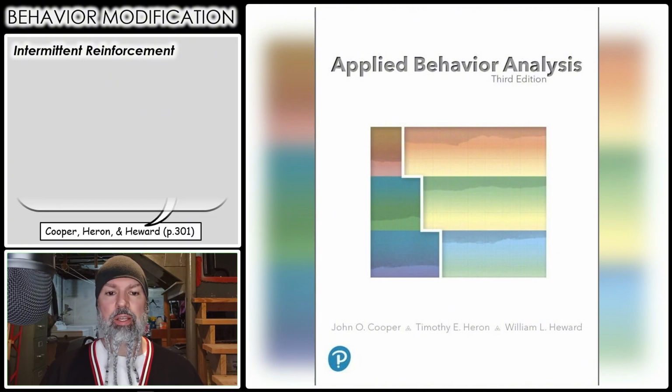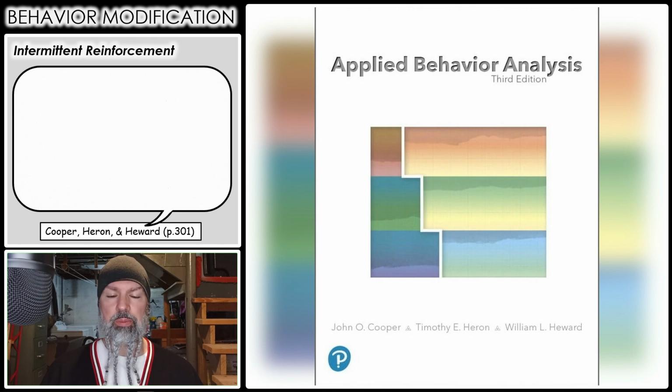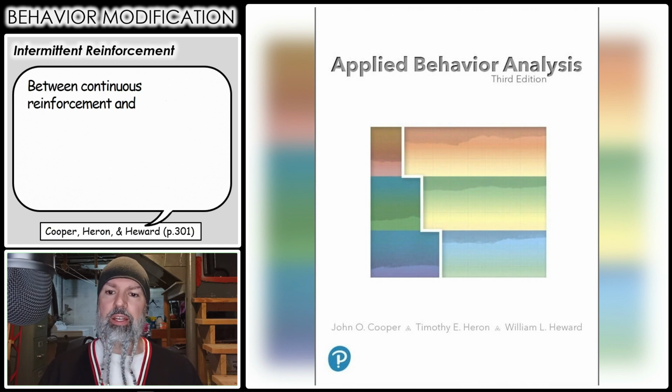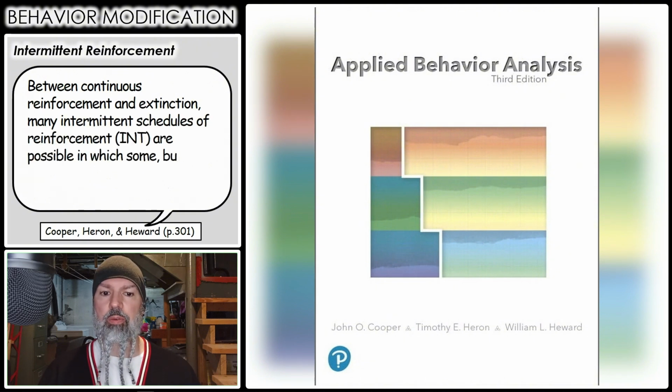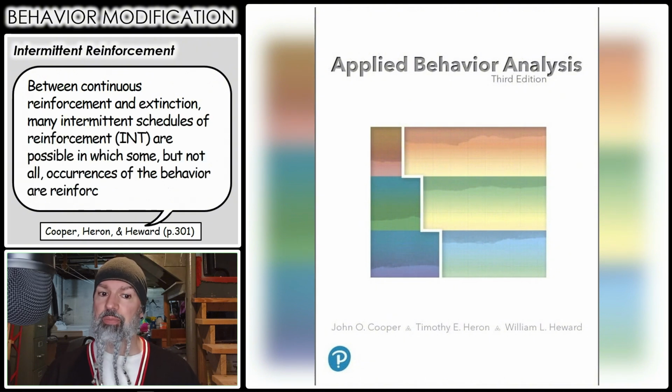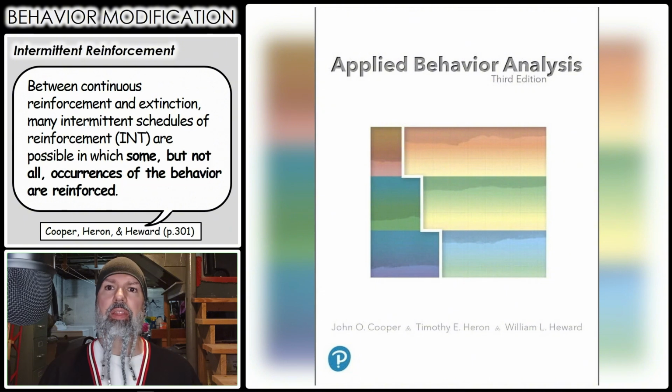And in this, they define intermittent reinforcement as reinforcement that occurs between continuous reinforcement and extinction. Many intermittent schedules of reinforcement are possible in which some, but not all occurrences of the behavior are reinforced. So this is the key idea of intermittent reinforcement: the idea that some, but not all occurrences of the behavior are reinforced.